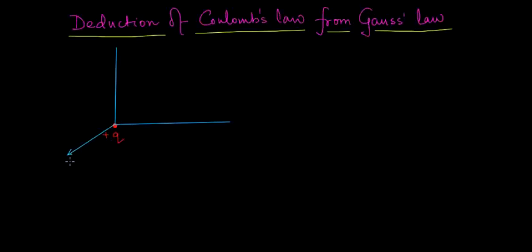Suppose this is x, this is y, and this is z, and we are interested in the electric field at this point P. So first just join this, and this is the r vector, and this charge is located here.